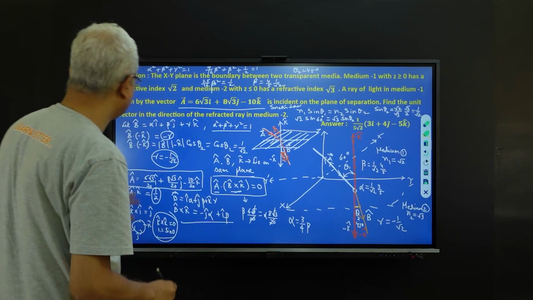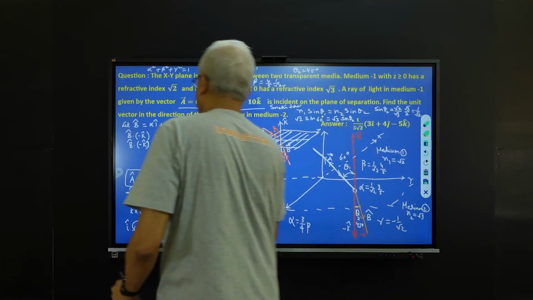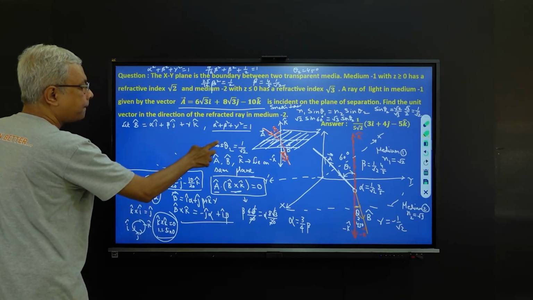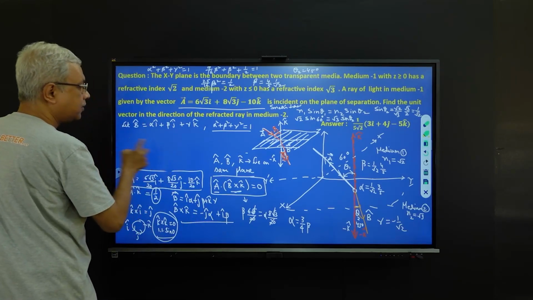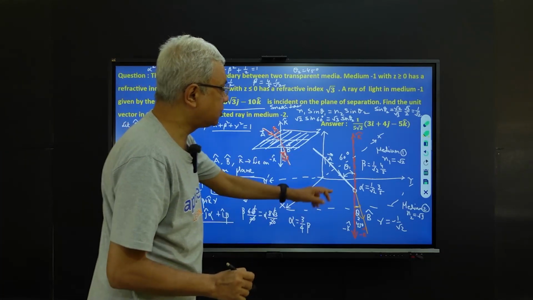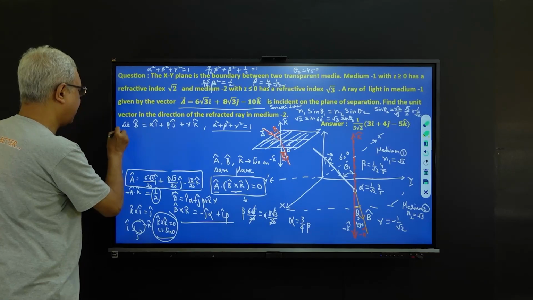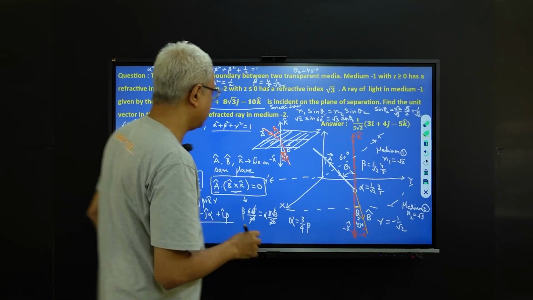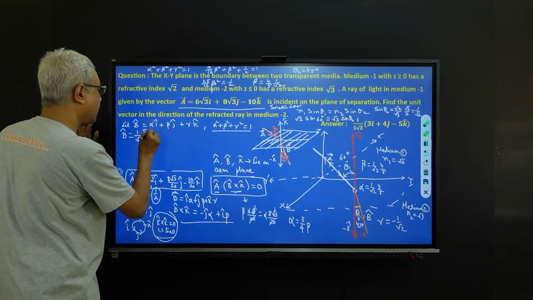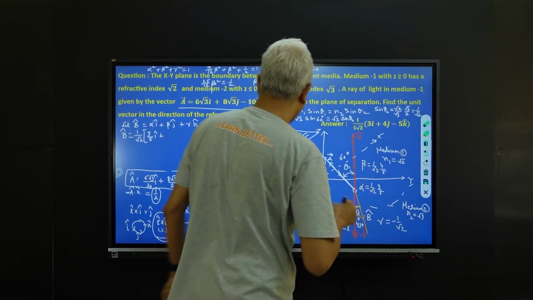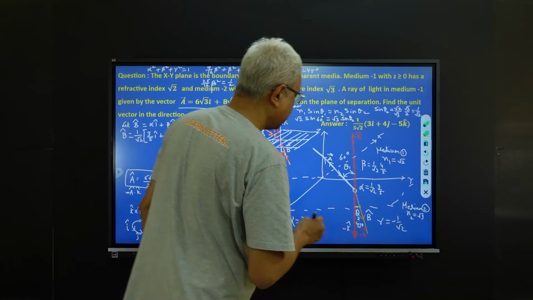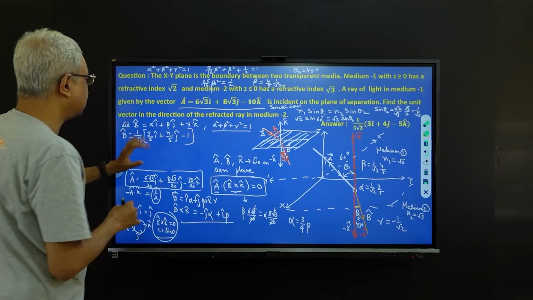So I can readily write the expression for b cap, substituting the values. b cap is equal to 1 by root 2 into 3 by 5 I cap plus 4 by 5 j cap, and gamma is minus 1 by root 2, so it is like this.